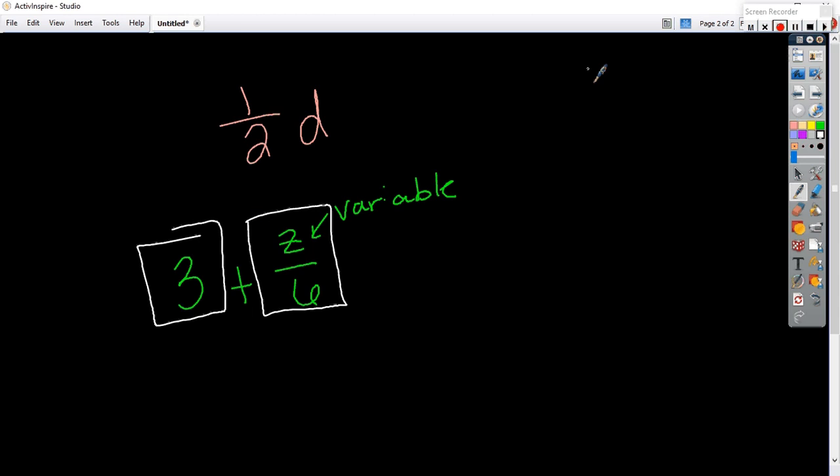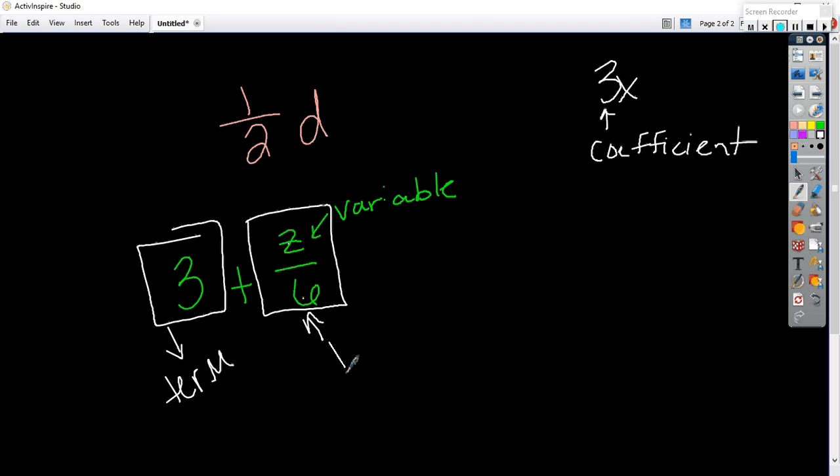Okay, so you're thinking if I had this, yes, 3 would be called a coefficient. But all together, what would the 3x be called? Or what would the z over 6 be called? You know, it starts with a t. Yes. Somebody said it over here. Term. These are terms. Terms are the pieces that make up the algebraic expression.